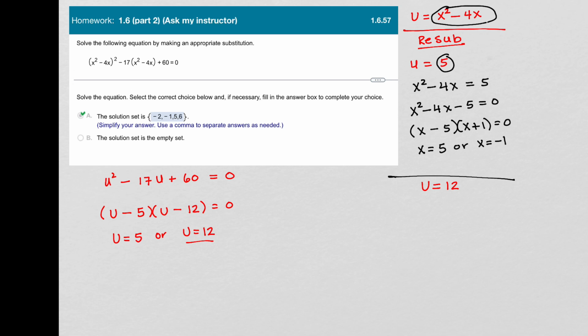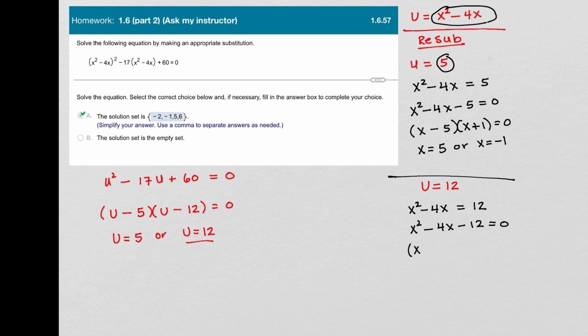So if u can equal 12 and u is equal to x squared minus 4x, that means x squared minus 4x equals 12. Subtracting 12 from both sides gives me x squared minus 4x minus 12 equals 0.